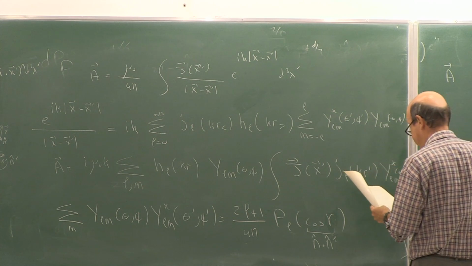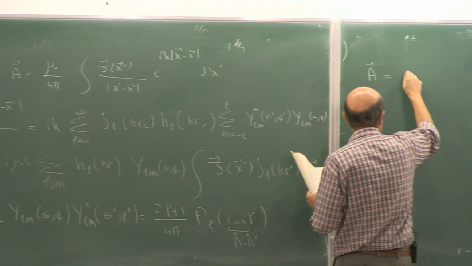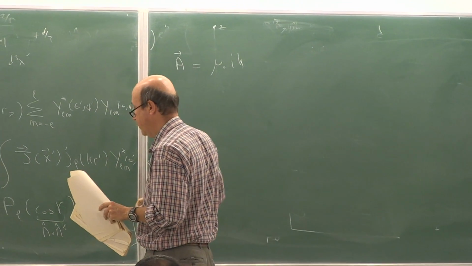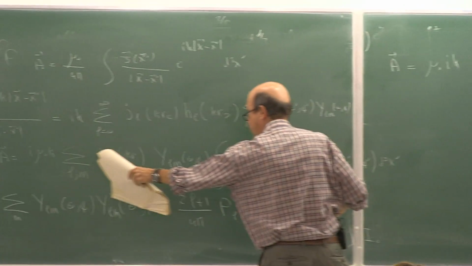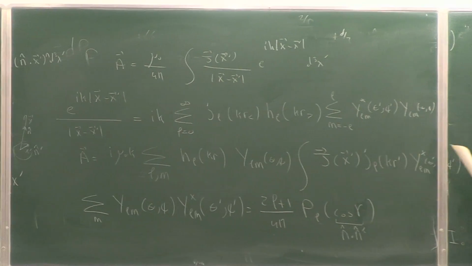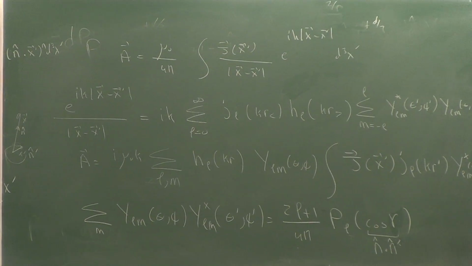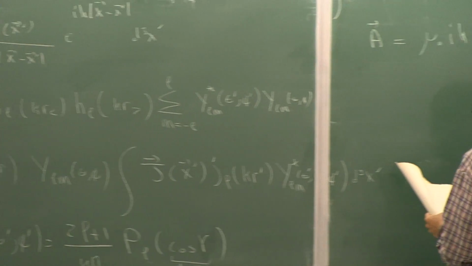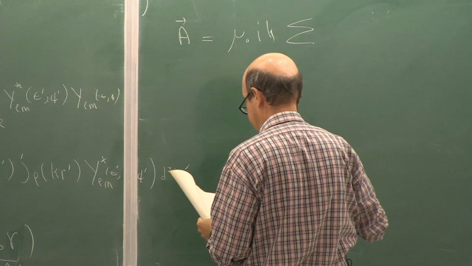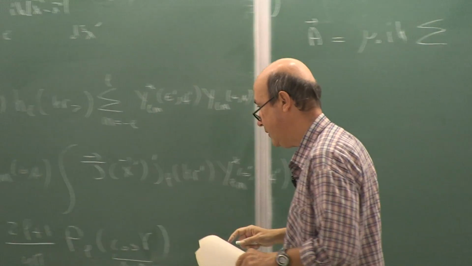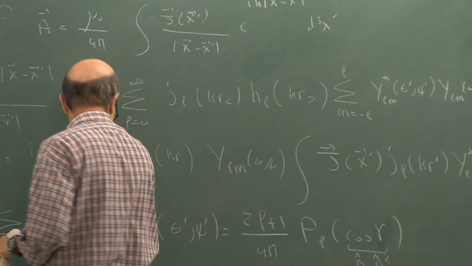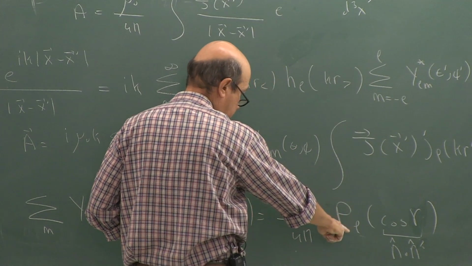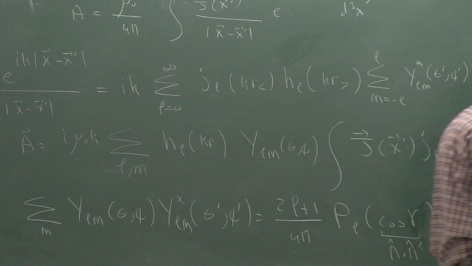A few steps is enough to see what is going to happen. i mu0 k, summation over L and M. Not L and M, the M is summed here. I summed the M here, and I get (2L plus 1) over 4 pi times P_L(n dot n prime).